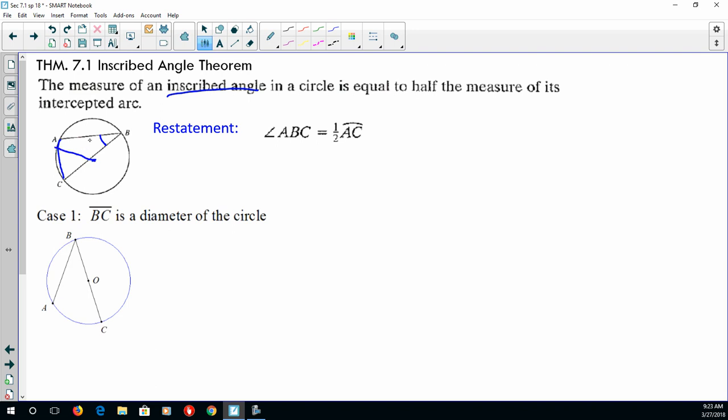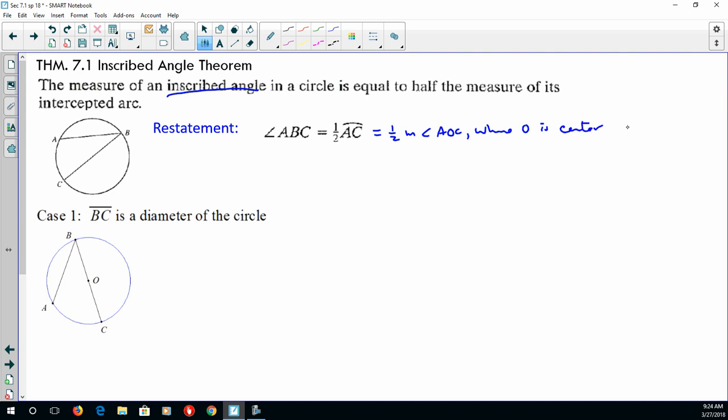So this is going to be 1/2 the measure of the central angle. Where O is the center of the circle, it's 1/2 the measure of AOC.